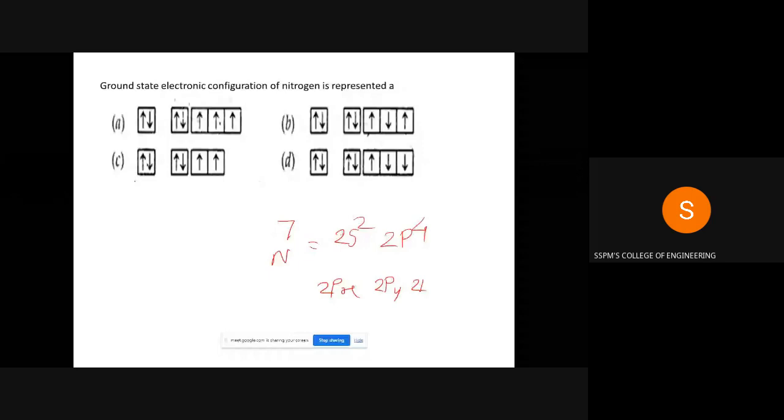Let me try 2s2, 2p5. Why 5? Because there are 7 electrons present.